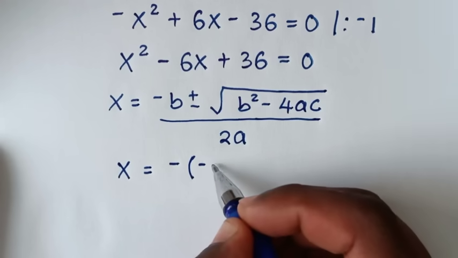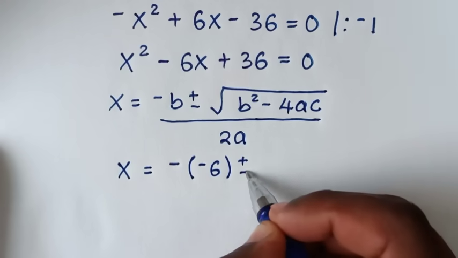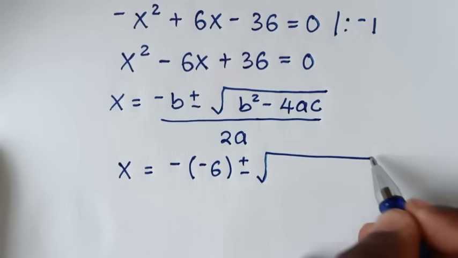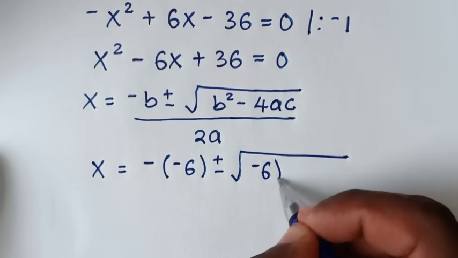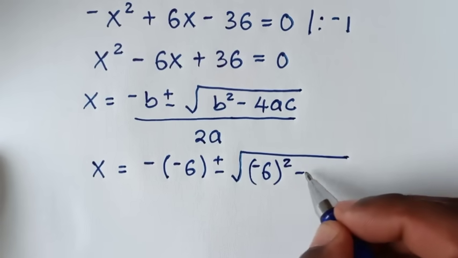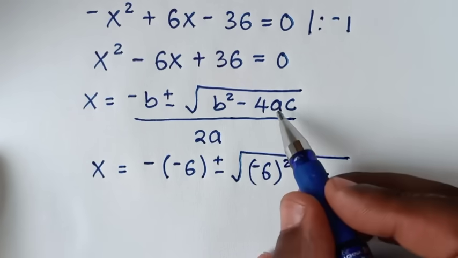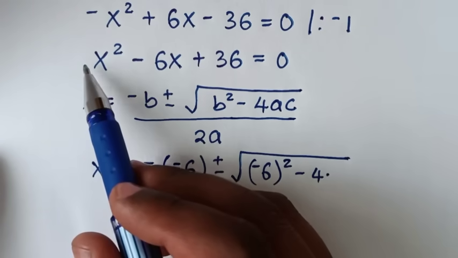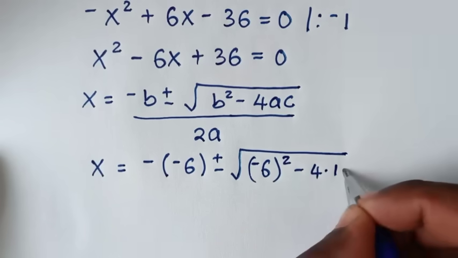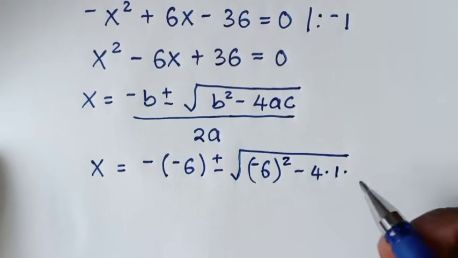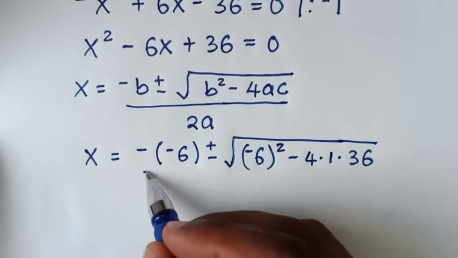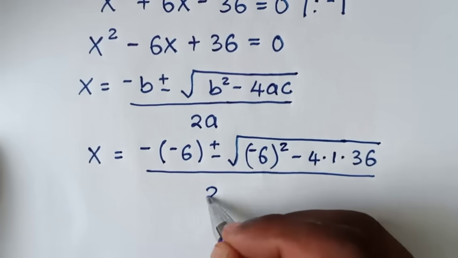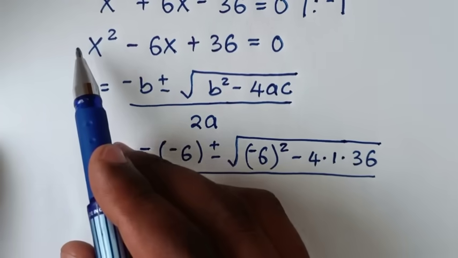So here it is negative bracket negative 6, plus or minus square root of b squared, negative 6 bracket squared, minus 4 times a, the coefficient of x squared, which is 1, times c, the constant, 36, over 2 times a, which is 1.